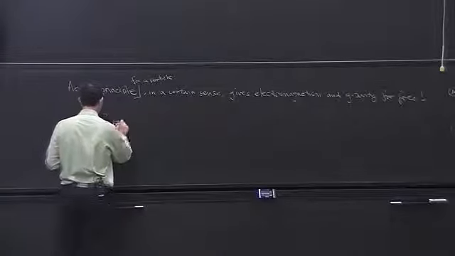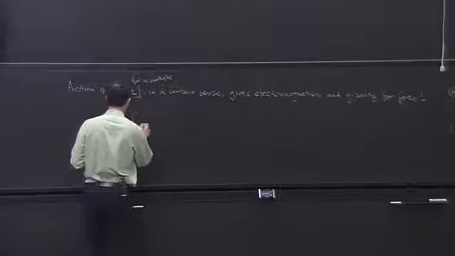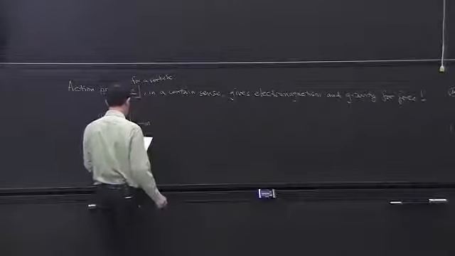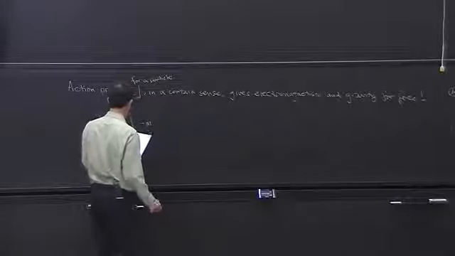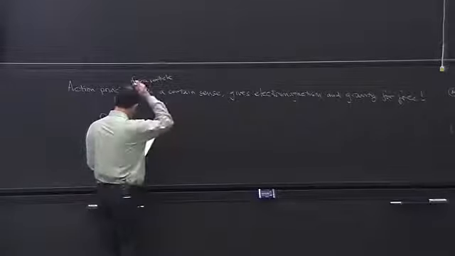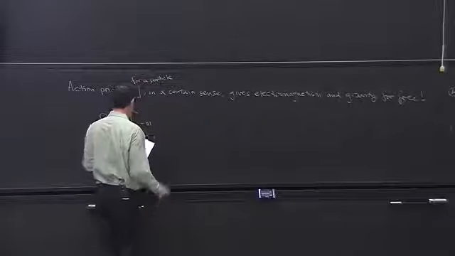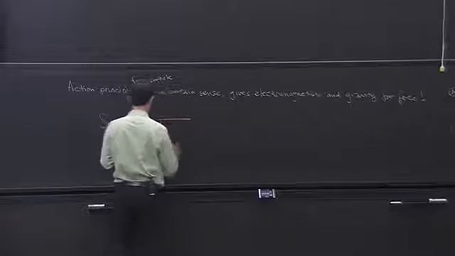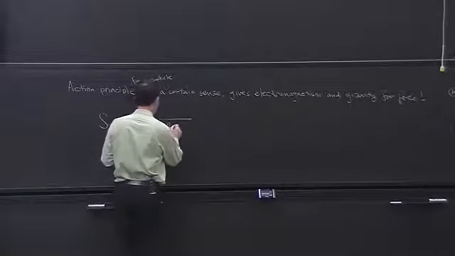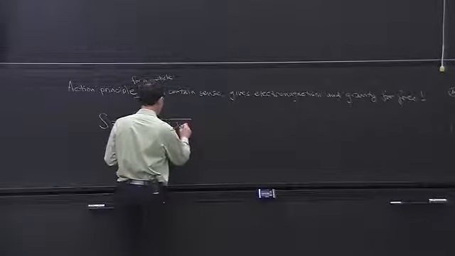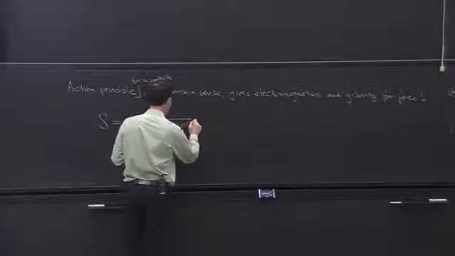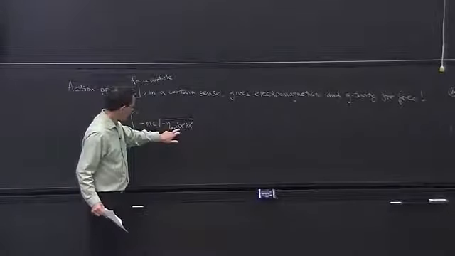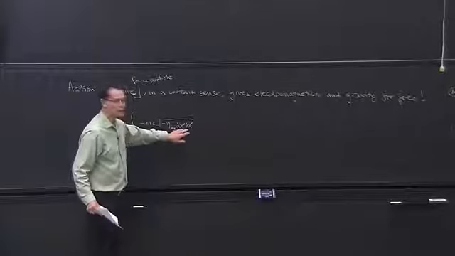So the action for a relativistic particle is the length of the world line times minus m. Now let me get these units right. Yes, minus mc times the square root of minus eta mu nu dx mu dx nu. Okay, so if you remember, this is going to basically give us c squared dt squared.